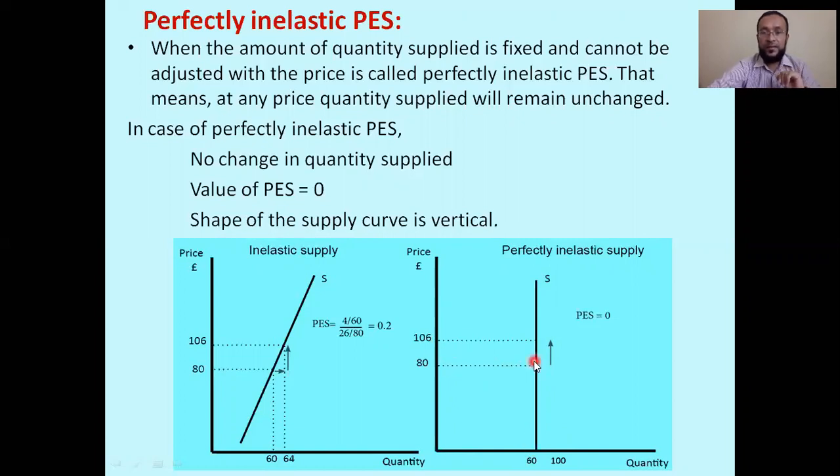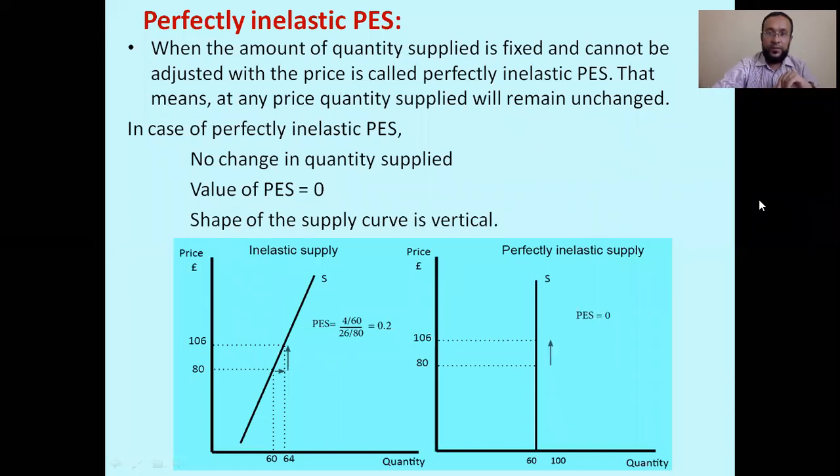That is why in this case the supply curve is vertical. That means price change has no impact on the supply at all. Supply will remain the same at any given price. For this reason, the value of elasticity is 0. So the value of elasticity is 0 for perfectly inelastic supply.